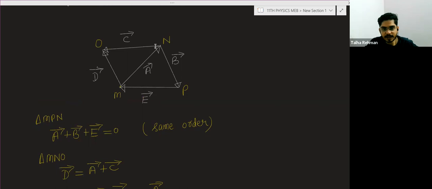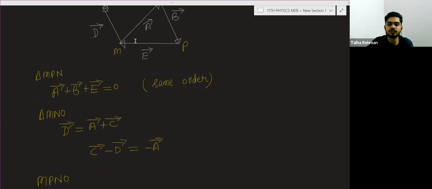This vector is in the opposite order. So I can write B plus E plus D is equal to C vector. From the polygonal law, applied for the quadrilateral NPME, because here are more than two vectors, this B vector, E vector, D vector are in the same order, and this fourth vector is in the opposite order. So I can write B E D equal to C.